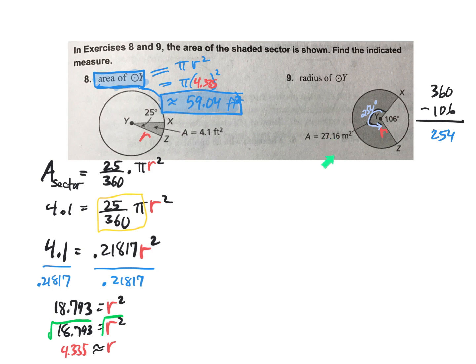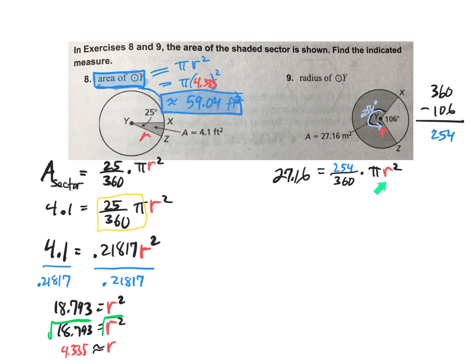So we're going to set up an equation where the area of this gray sector is a fraction of the whole circle's area, pi r squared. What fraction? 254 3/60ths of the whole circle's area. But we know that this area of the sector is 27.16. So substitute that right there.